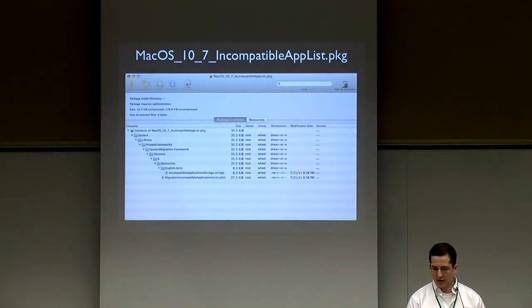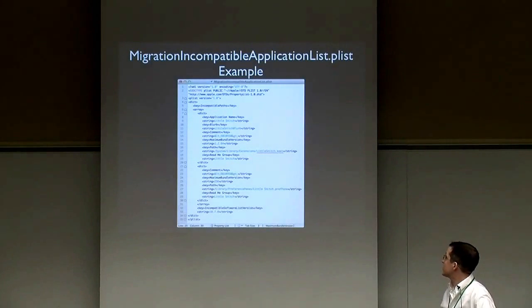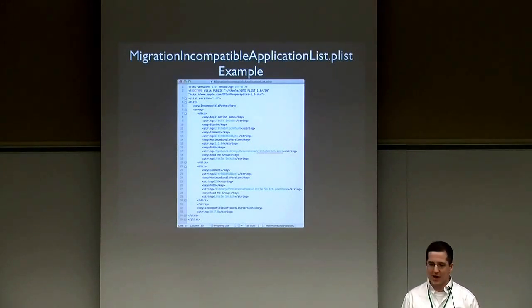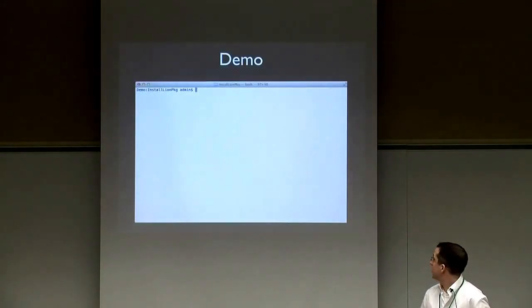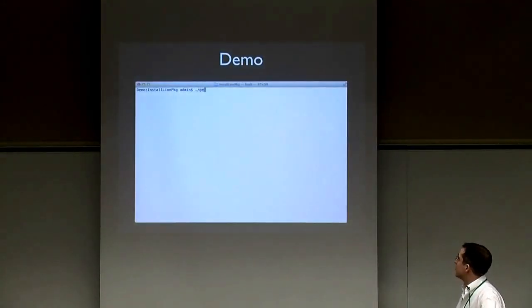We can take a look at an example. This is of Little Snitch, which we have some users who have tried installing, so it's always fun. This is telling it that version 1.2 is not compatible, so it's going to put it in that incompatible app folder. Here is a demo of how the script works. You just run the script.